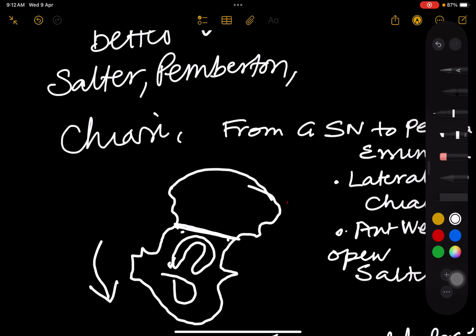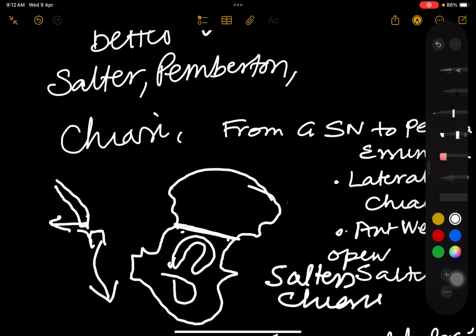That means the tilt will increase, and this is called Salter. Secondly, if you do an osteotomy like this and you displace the upper part laterally, then it will improve the containment of the acetabulum. Now that is called Chiari.